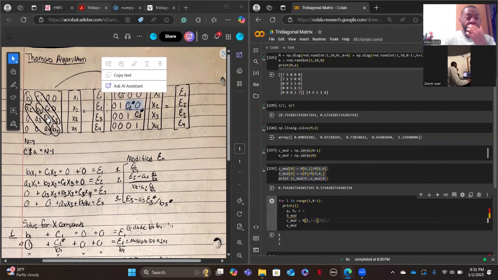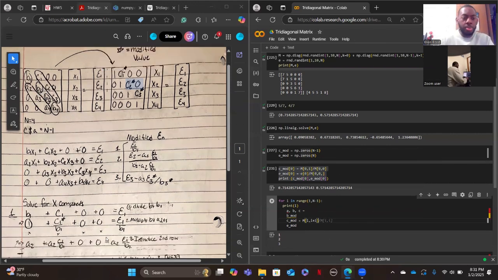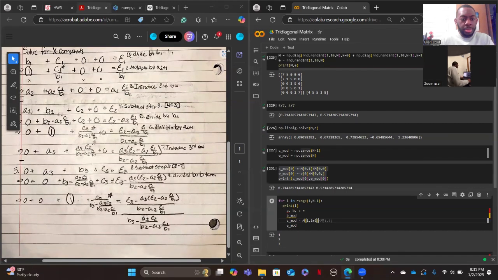And the C is at the third position, so it'll be at I plus 1. Okay. Divided by M. So we divide by B2.